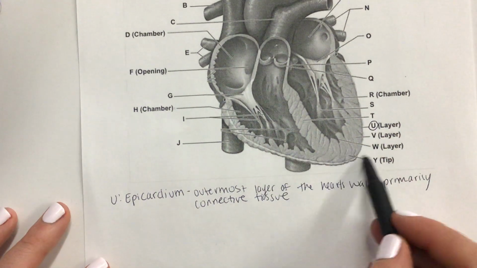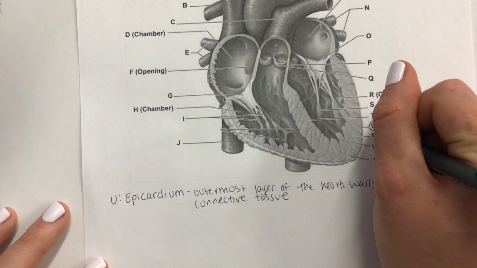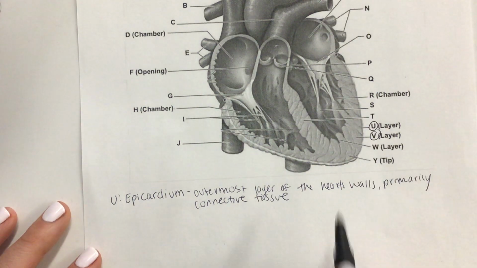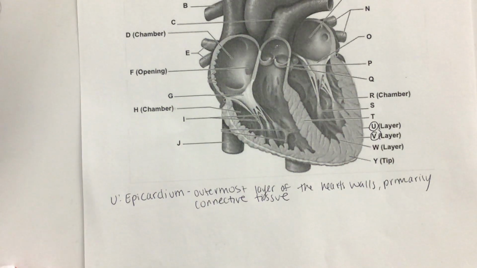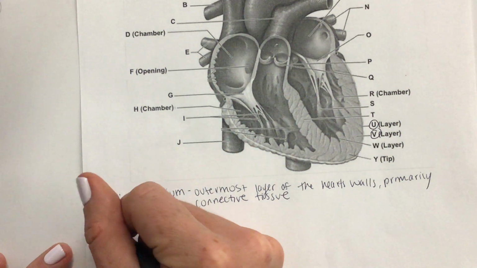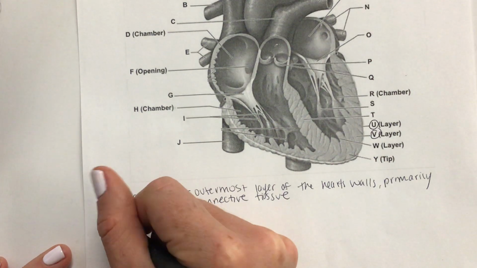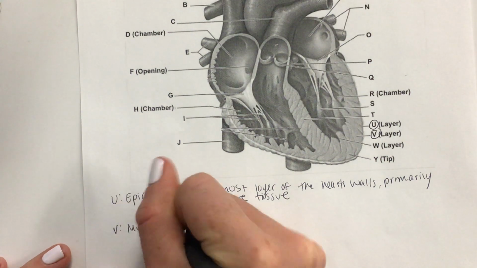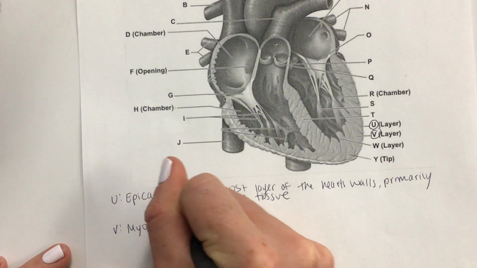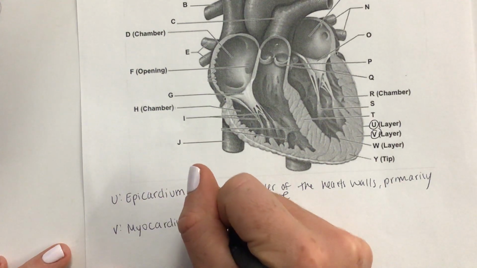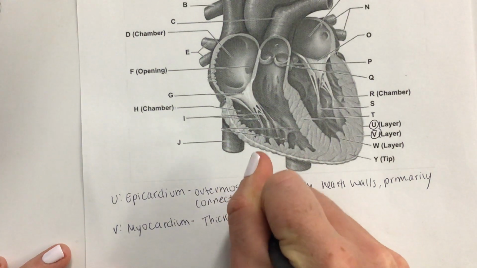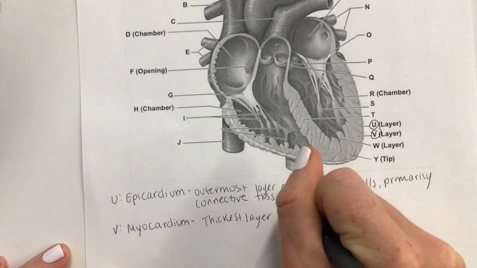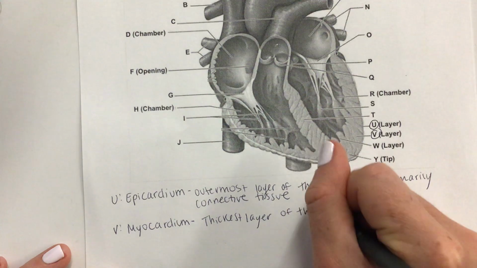Okay. Here, letter V is the middle layer of the heart's walls. You can see it's really thick, and you can probably assume because of its thickness that it's the one responsible for pumping. So it's going to be our muscular layer. Letter V is the myocardium, and it's the thickest layer of the heart walls.